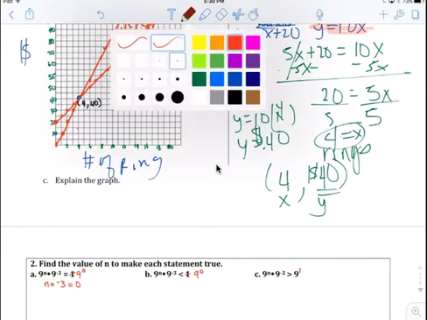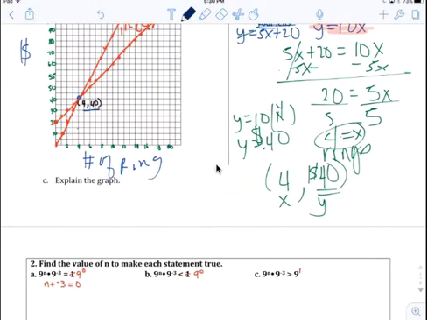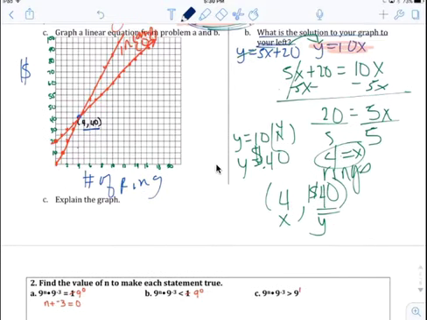Now explain this graph. Before 4 rings are sold, the cost will be more than what the income is. So it costs you more than you're making.